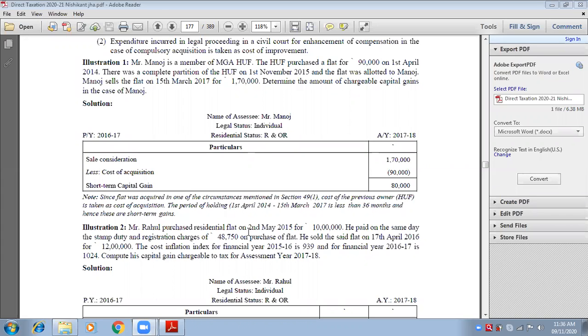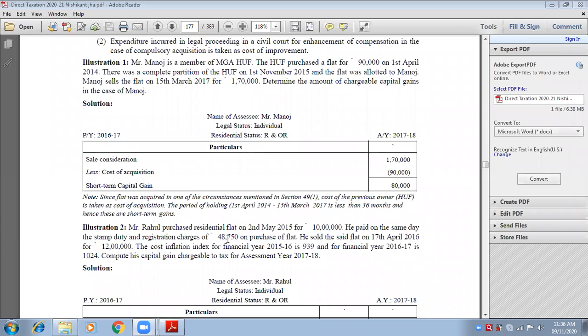Write down 10 lakhs plus 48,750. There are two different costs. One is that I have purchased the house property for 10 lakhs, and another is that registration charges were paid for the flat, 48,750. So 10 lakhs plus 48,750. The total cost is 10,48,750.